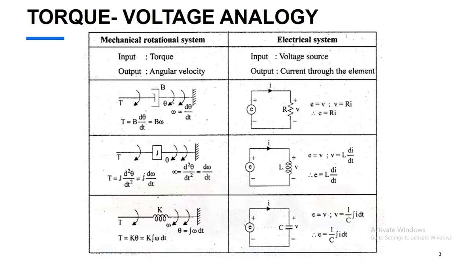Now, the dash part is represented in terms of the resistor in the electrical system, the moment of inertia is nothing but an inductor, and the spring is represented in terms of the capacitor. Here angular velocity is denoted by omega. So all the angular displacements, that is theta, we are going to represent in terms of the omega.